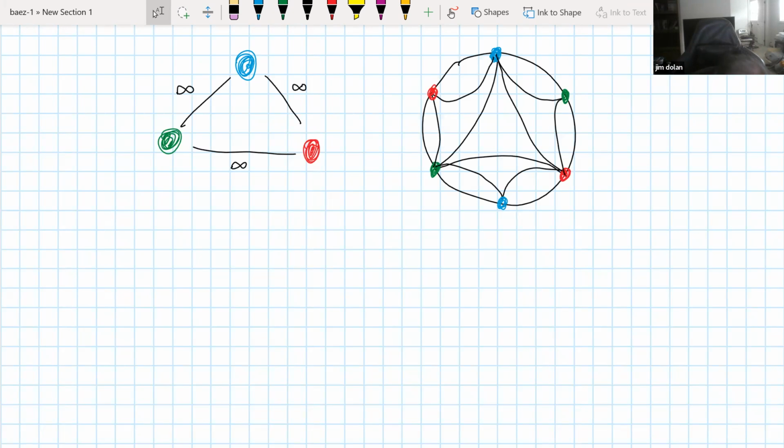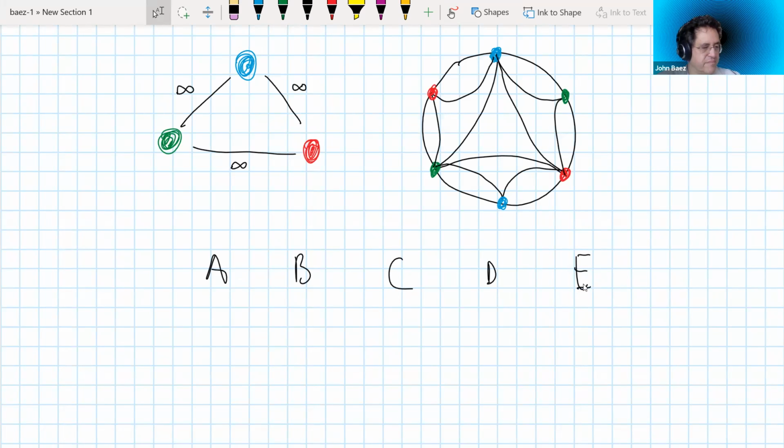So let's try. What does this one look like? A and B and C and D and E. Okay, so this could be an action on 5 elements, and we're going to have 2 permutations.